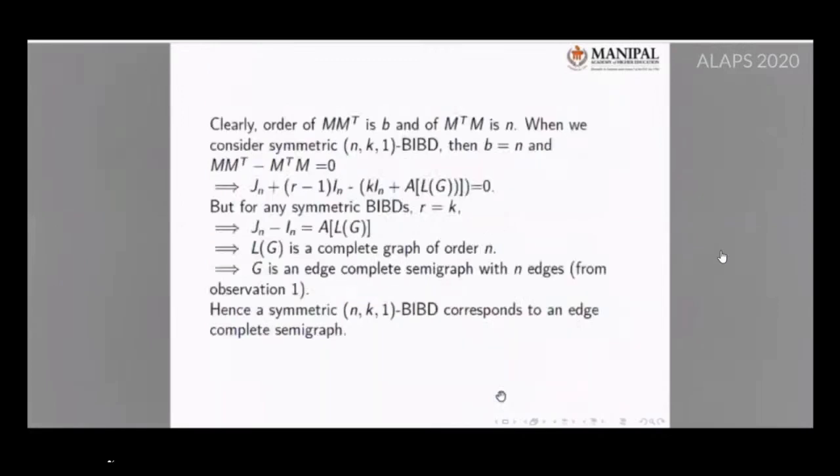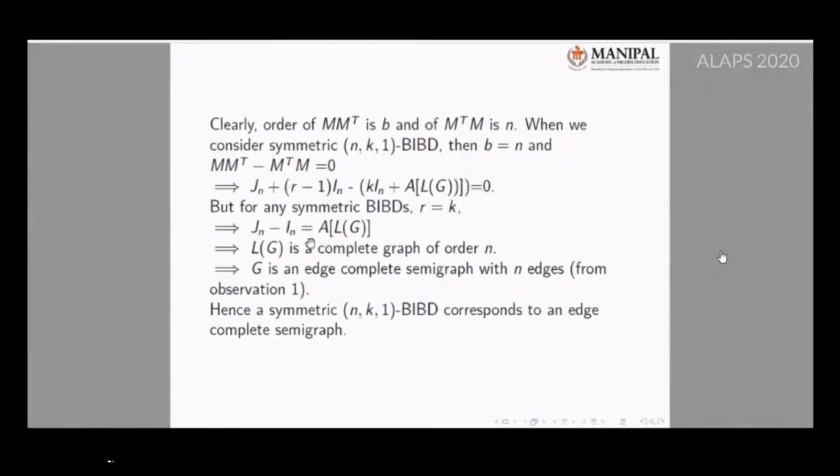And since we are talking about a symmetric BIBD, b is equal to n. And we have already discussed that if it's a symmetric BIBD, M M transpose equals M transpose M. So when we take the difference, it's equal to 0. We substitute. But when b equals n, r also equals k.